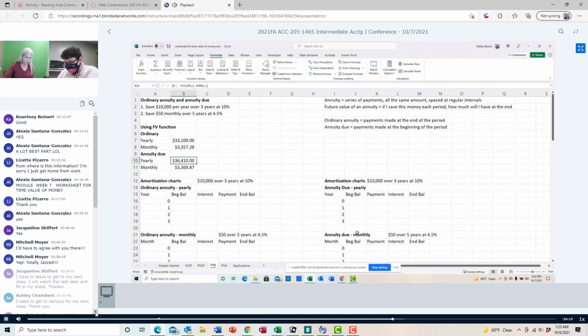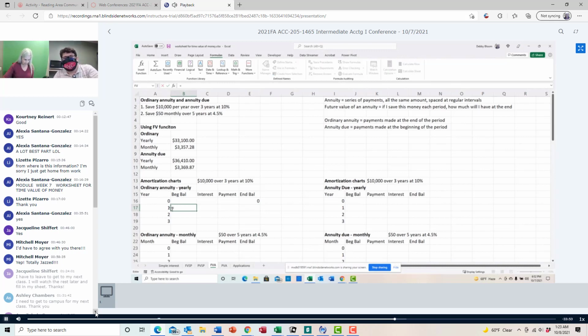If we're going to save $10,000 over 3 years at 10%, at the beginning of year 1, we're going to start off with an ending balance of 0. So at the beginning of year 1, we start with a beginning balance of 0.